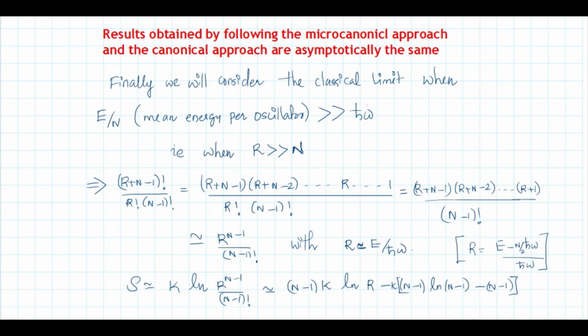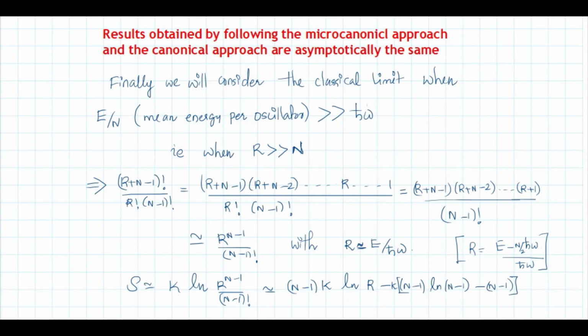S is k log omega, where omega is the number of microstates. So k log of R raised to N minus 1 by (N minus 1) factorial. Log A raised to B is B log A, so we get (N minus 1) k log R minus k times [(N minus 1) log (N minus 1) minus (N minus 1)]. This is Stirling's formula.